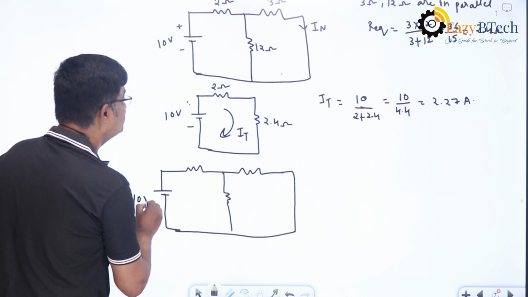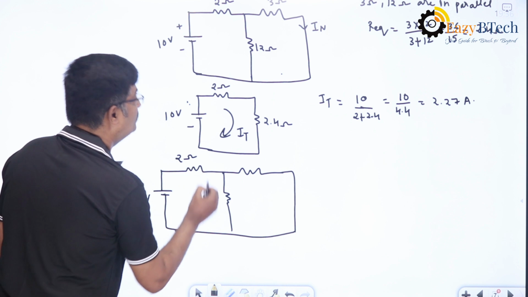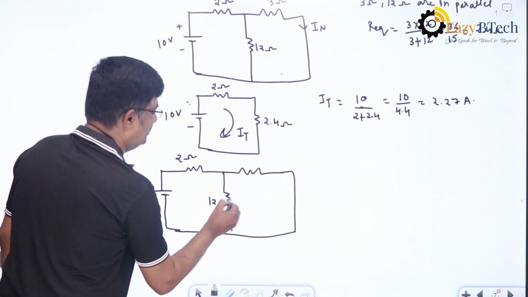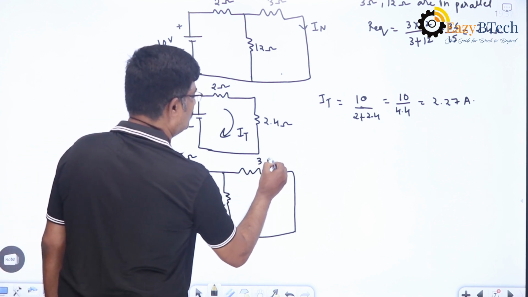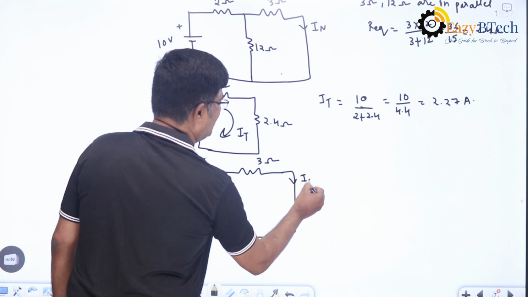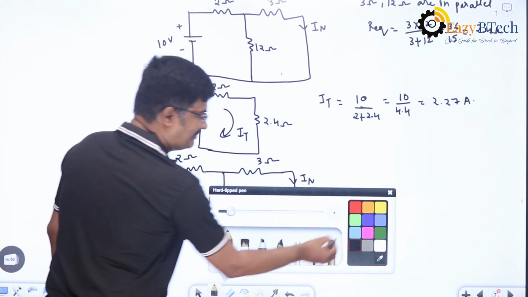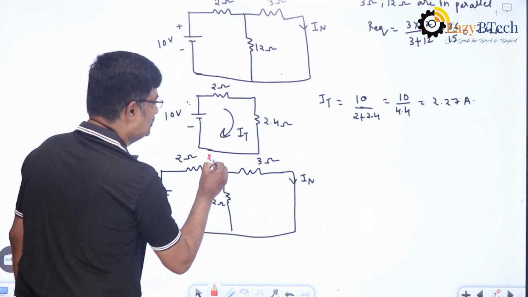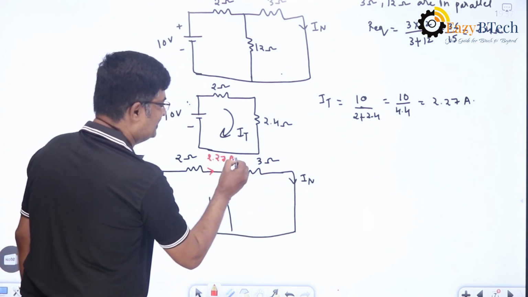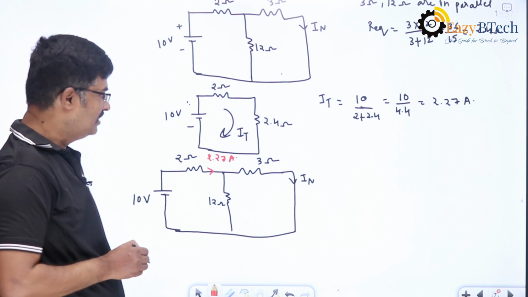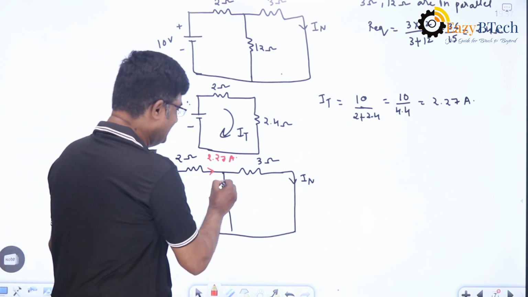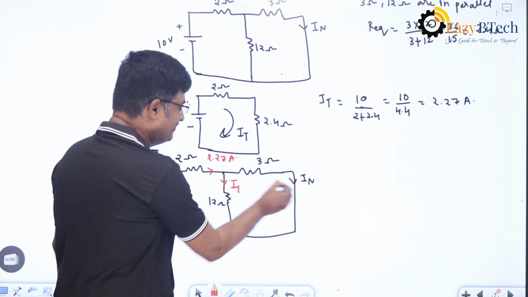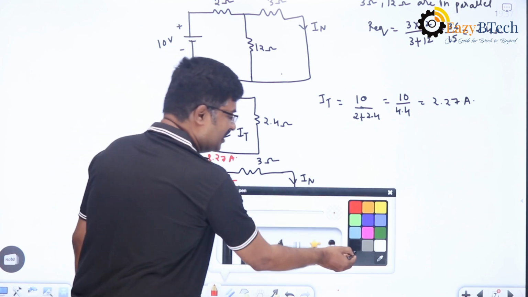So this is 10 volts, 2 ohm, 12 ohm, this is 3 ohm, and here my current is IN. Now here what is happening? The total current which I am getting is 2.27 amperes. This current is dividing here as I1 and IN. I should get the value of IN.